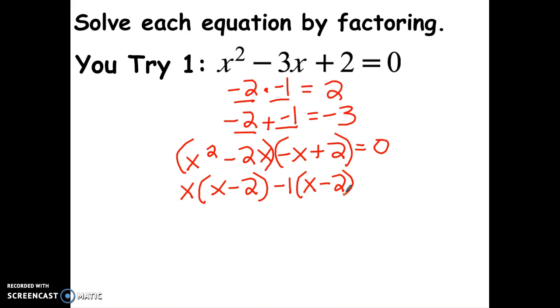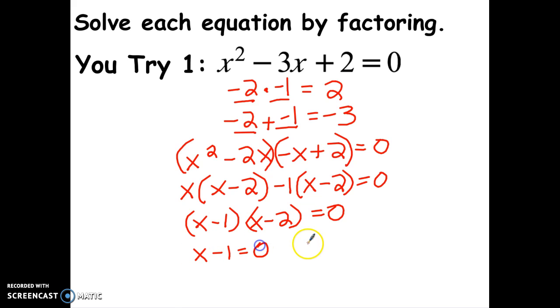Okay, if you ever need to back check yourself, just multiply. So -1 times x gives us -x. -1 times -2 gives us +2. So you can just do that if you ever need to check yourself. So that leaves us with x minus 1 and x minus 2. Set them equal to 0.